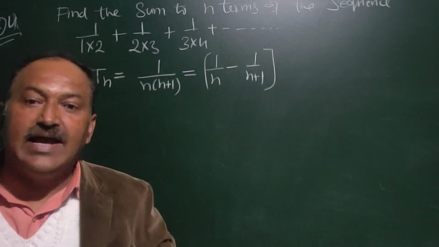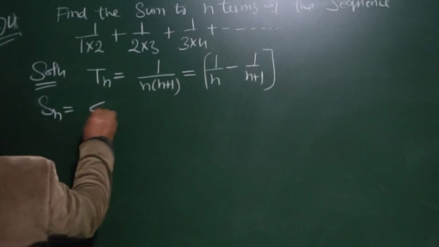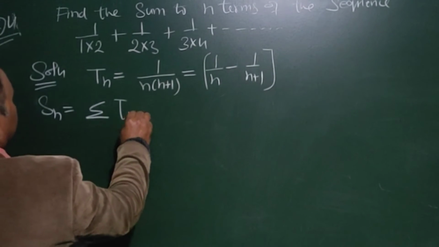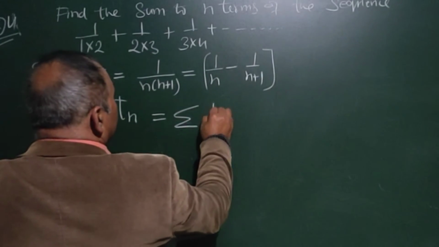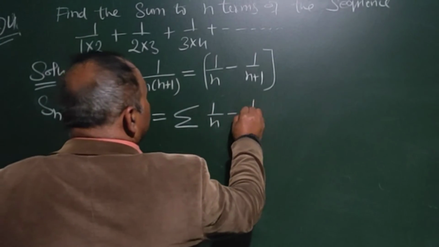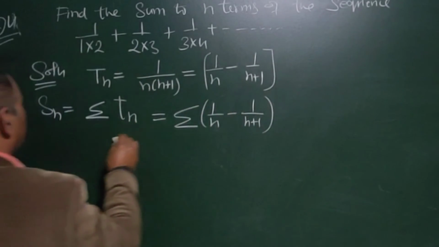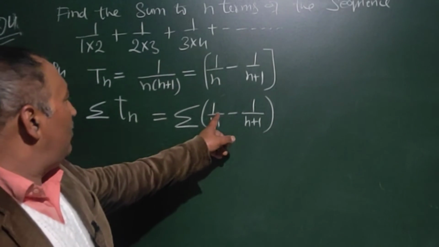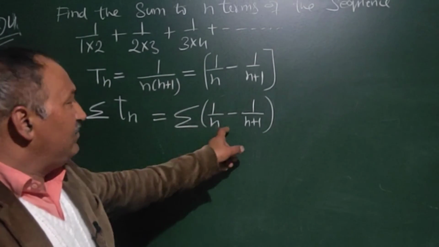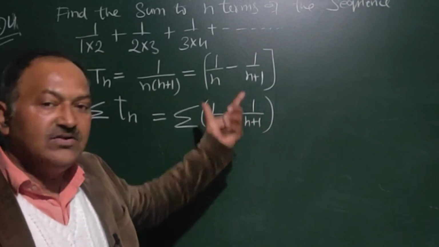Now, Sn. Sn will be equal to sigma Tn, that will be equal to sigma 1 upon n minus 1 upon n plus 1. That is further equal to, now putting the value of n is equal to 1, n is equal to 2, n is equal to 3, n is equal to 4, and so on, n is equal to n.